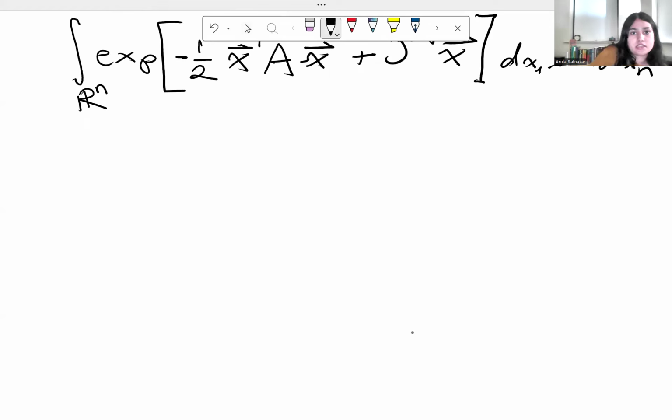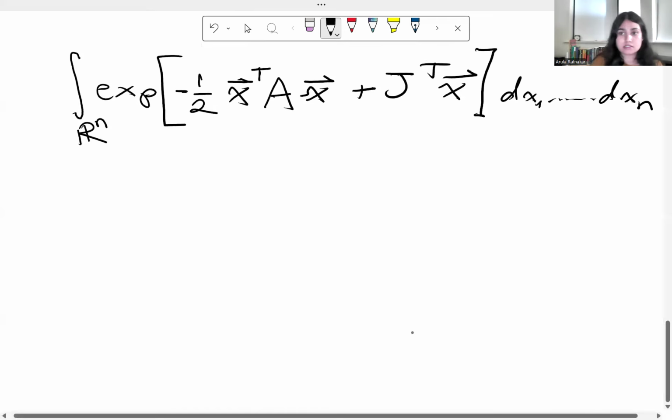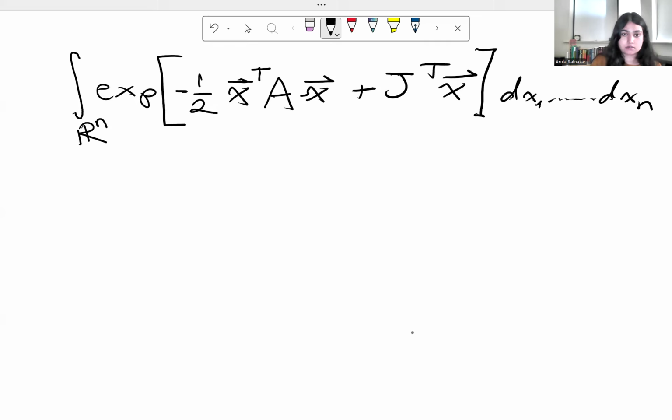It basically says that when you have something in this form, where x is a vector, j is a vector, and A is a square matrix, you can complete the square, which is that trick from algebra, but with these matrices and vectors. And what you essentially get is, now we're just looking at this thing in the exponential.